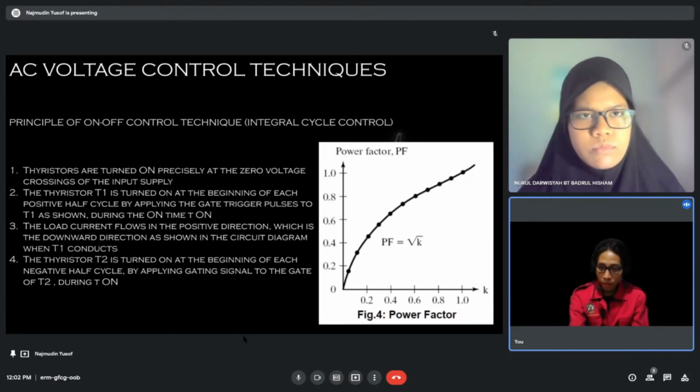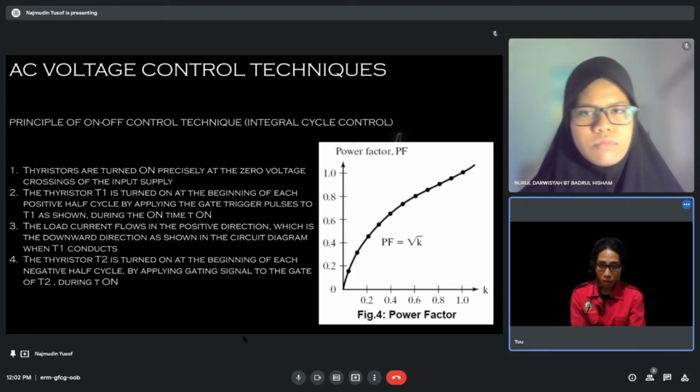Next, the transistors are turned on precisely at the zero voltage crossing of the input supply. The transistor T1 is turned on at the beginning of each positive half cycle by applying the gate trigger pulses to T1 as shown. During the on time T on, the load current flows in the positive direction, which is the downward direction as shown in the circuit diagram when T1 conducts.